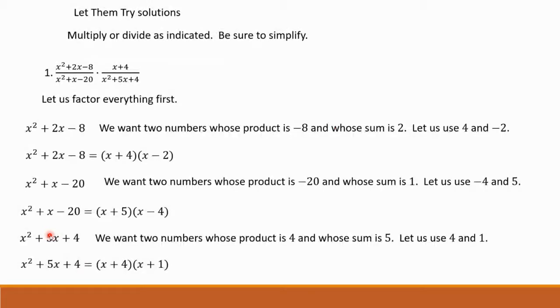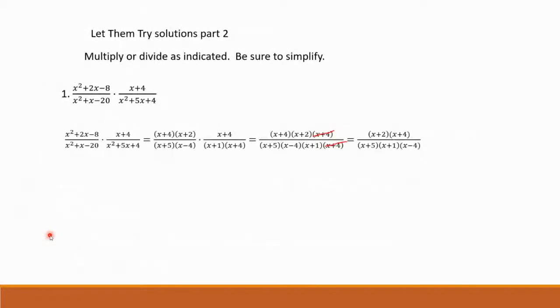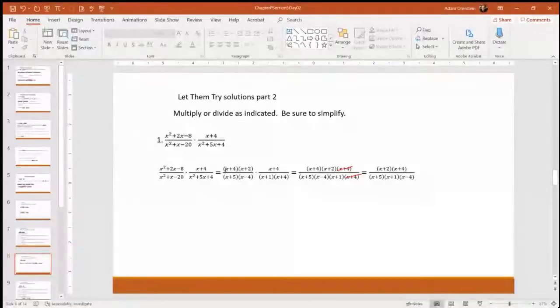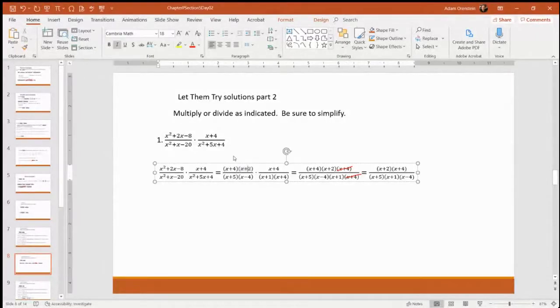X squared plus 2x minus 8. Yeah, thank you. Let me fix that. I'm glad actually someone pointed that out. Let me just fix that for you. Beautiful. Thank you. Any other questions?